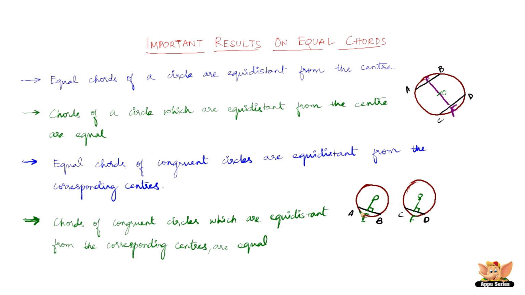Let us consider two chords, say AB and CD, and say their distances from the center are already equal. Then the lengths of AB and CD are going to be equal. That is what the final property on this page says.